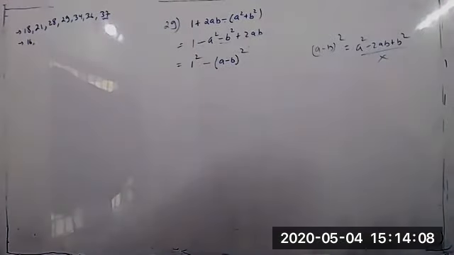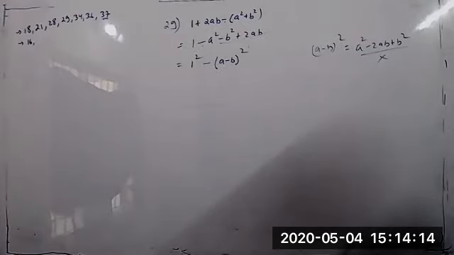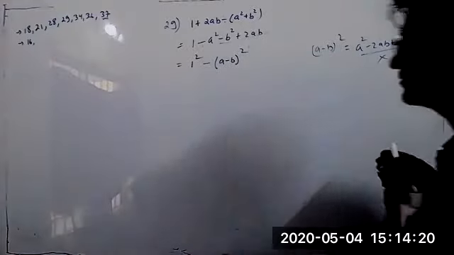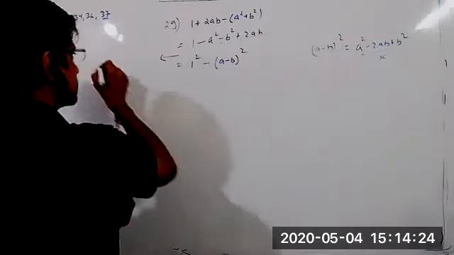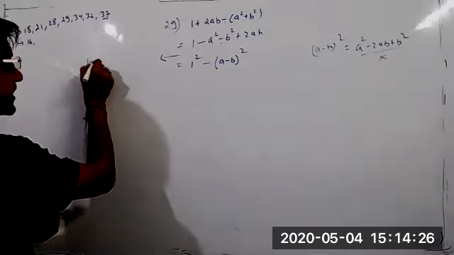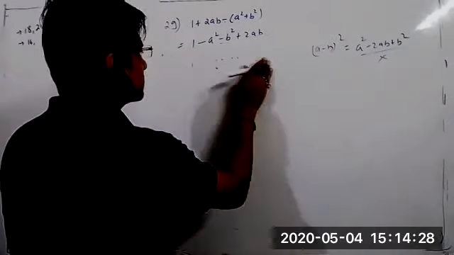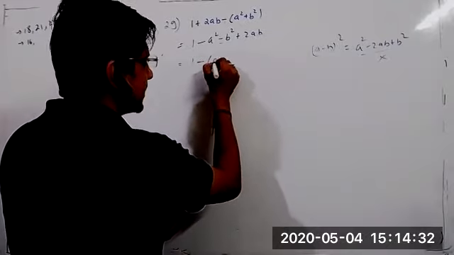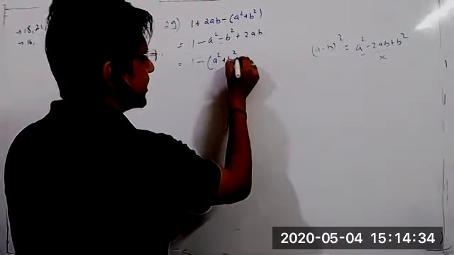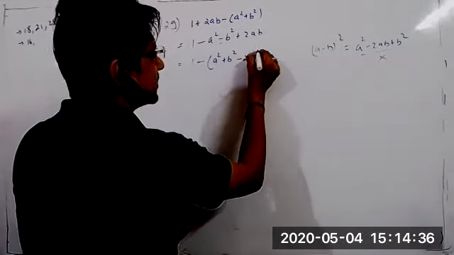Tell me, Diya. You have to take minus common: a square plus b square minus 2ab.